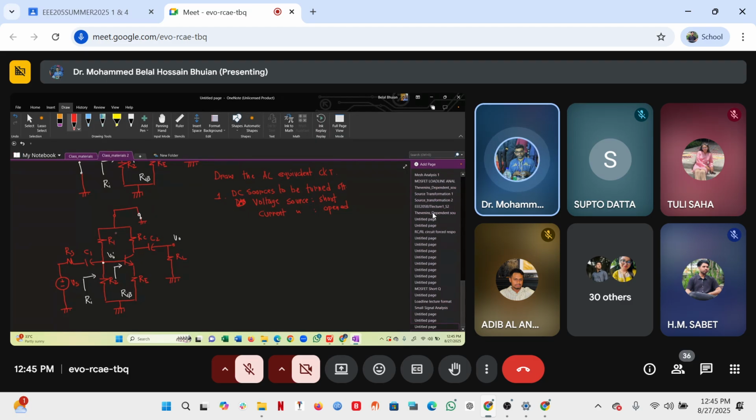We already learned last class, the capacitors are considered as short circuit for AC signal. So capacitors to be shorted. I have two capacitors, capacitor 1 and capacitor 2. So both of them should be shorted.